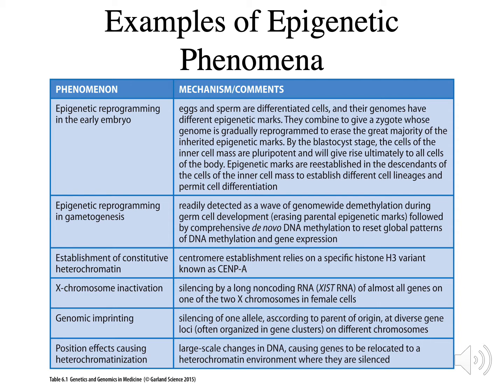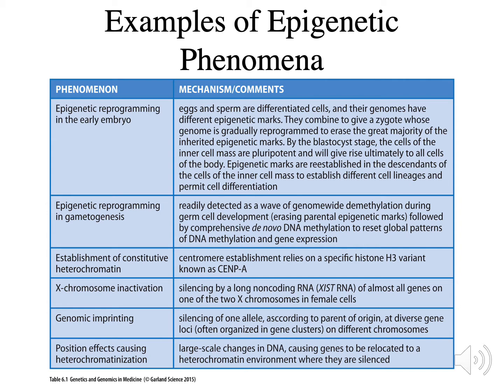So, as we know, males are XY and females are XX. But to make sure that the gene dosage of genes on the X chromosome in females is not above that in a male, one of the X chromosomes is actually inactivated during development.